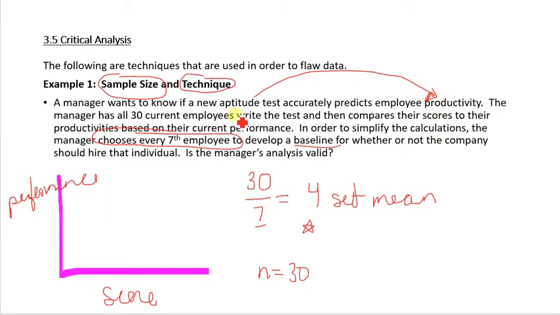For example, if you're a laborer, but the aptitude test is on your critical thinking skills, then those two are not going to align, because a laborer is just going to do rote tasks over and over again, whereas a critical thinker may be more in project management or development or problem solving, right? HR, that type of idea, just as an example. So there are definitely lots of flaws in the way this manager is conducting his survey and his analysis.